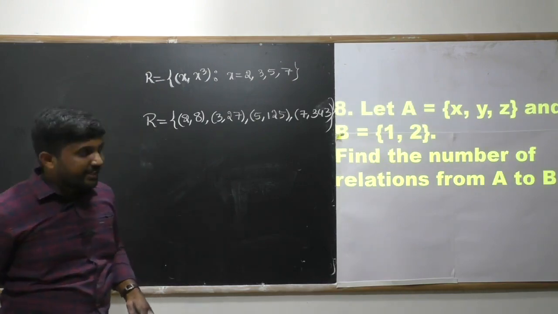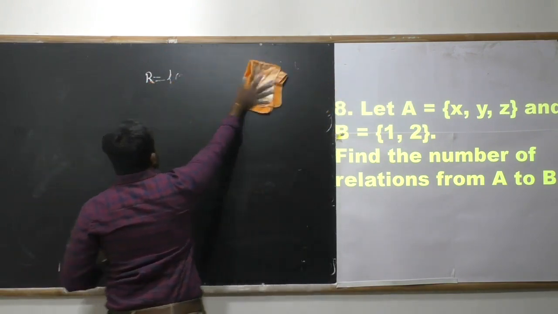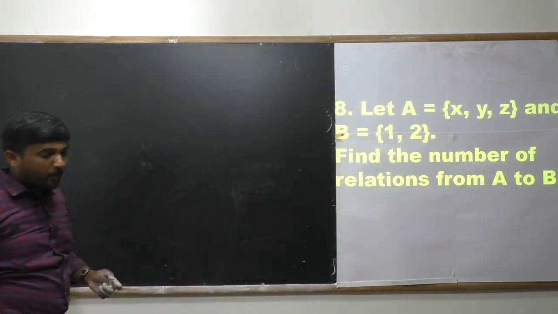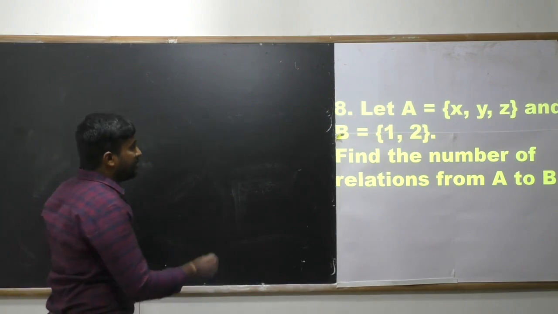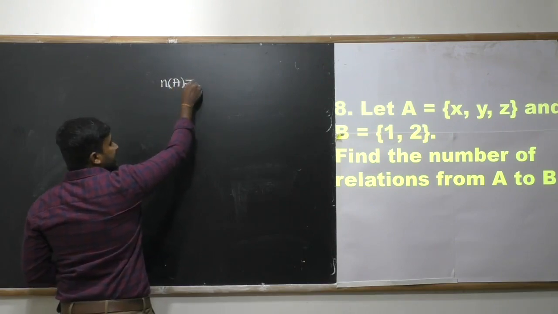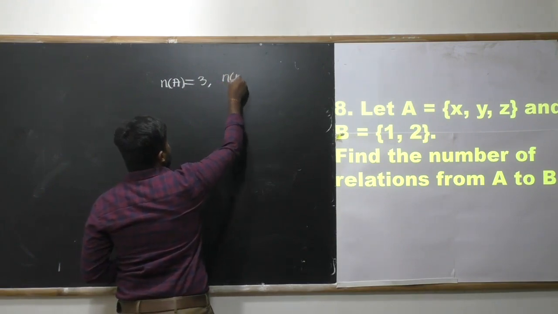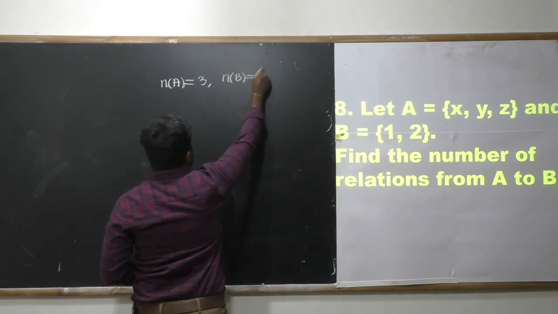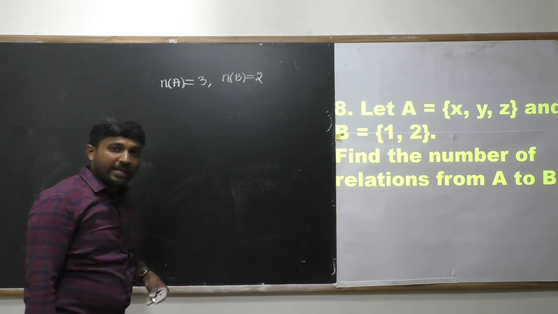Okay, here they have given two sets A and B. Now we have to find possible number of relations from set A to set B. Here, students, what is the number of elements in the set A? N of A is equal to 3. N of B is equal to 2. A contains 3 elements, set B contains 2 elements.